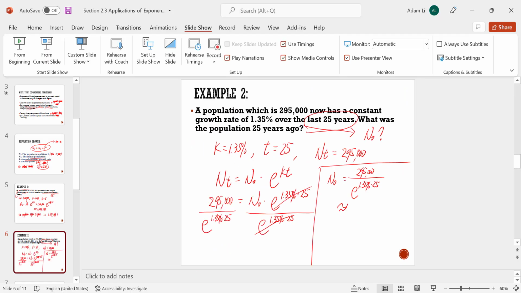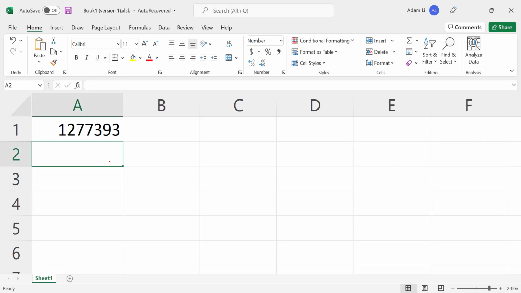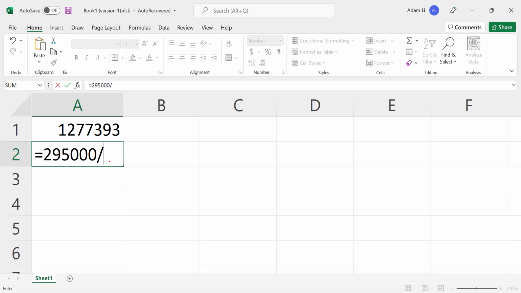All right, so we're going to go to Excel right now and type it in. So we get 295,000 divided by EXP, e raised to a certain power. So it's 1.35% multiplied by 25 years.